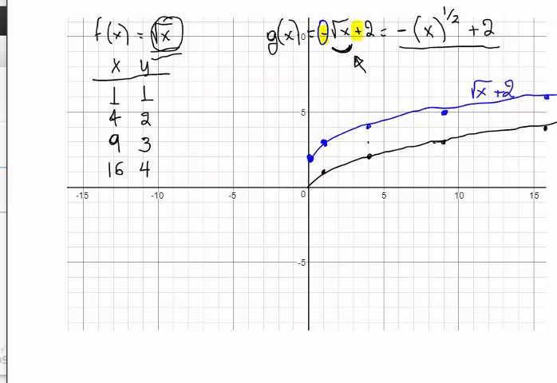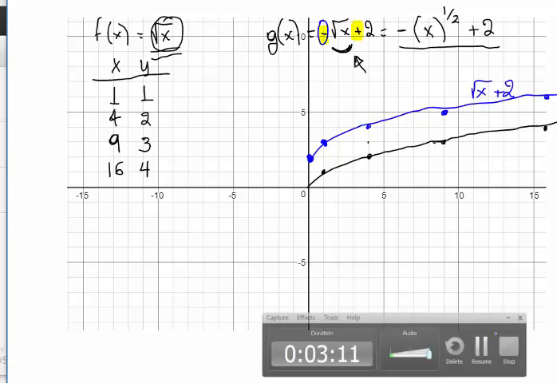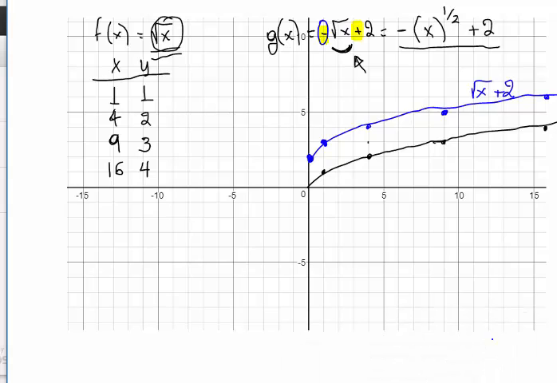But how much lower? To make sure that we won't make any mistakes and that we have the final graph correctly, we also need to find some values for the new function. So, looking at g of x, negative square root of x plus 2, when x is 1, y is going to be 2 minus 1, 1.